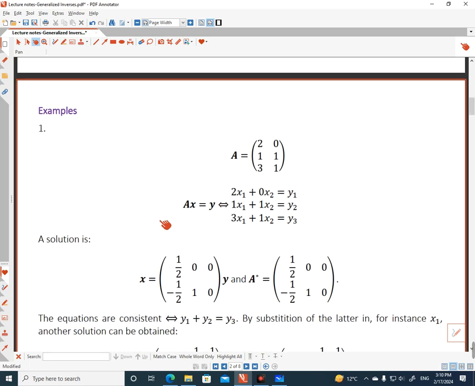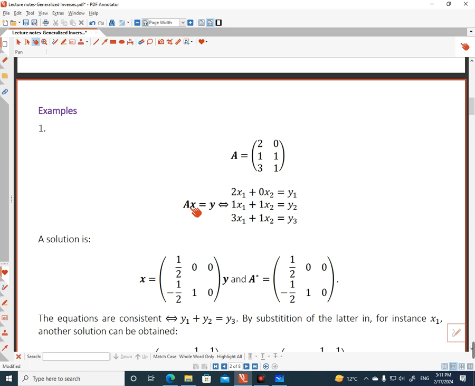For sure, the purpose here is not to find the generalized inverse by hand, but let's do a tiny computation by hand and see what we get. Suppose that A is a matrix of this form, and from the relation Ax equal to y, I can multiply A by x and equate it with y.